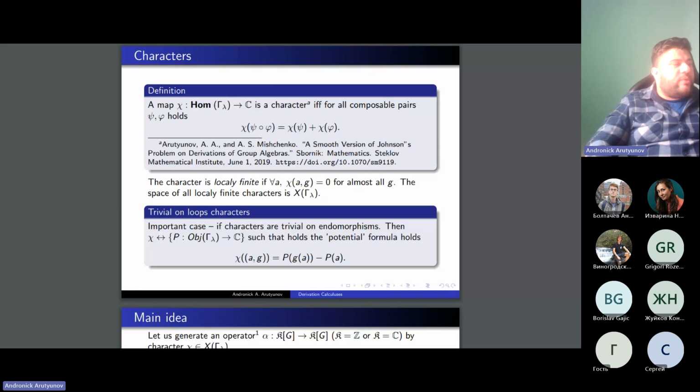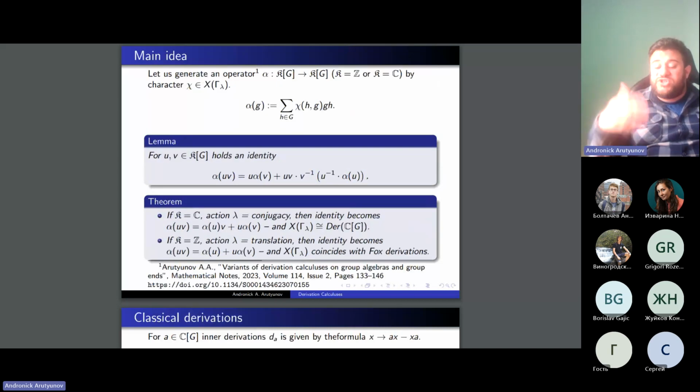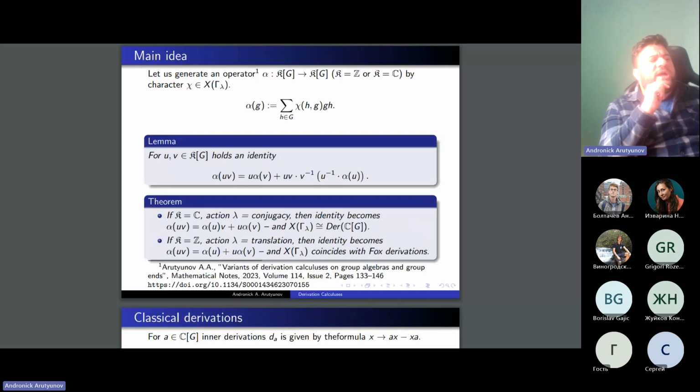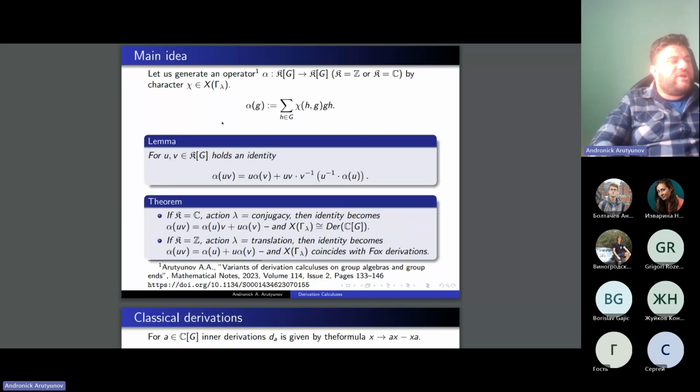So the main idea, what I'm going to talk about, what is the approach? If you take a linear operator which acts on the group ring, here the coefficient ring is a ring or field, we don't care, especially integer numbers or complex numbers. So you can write this linear operator in the matrix form, as it is written in linear algebra.